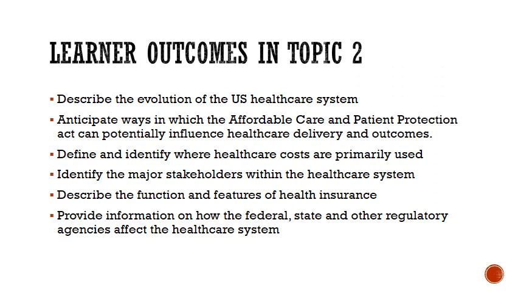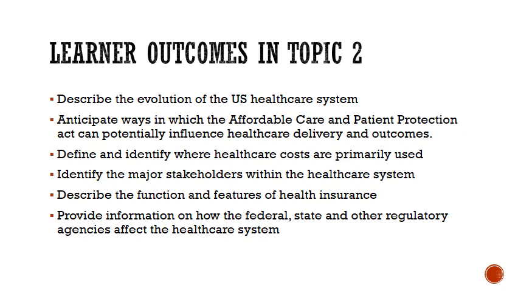The learner outcomes for this topic are provided in your syllabus and on Canvas. This is what you should be able to accomplish by the end of Topic 2. You'll be able to describe the evolution of the U.S. healthcare system, anticipate ways in which the Affordable Care and Patient Protection Act can potentially influence healthcare delivery and outcomes.